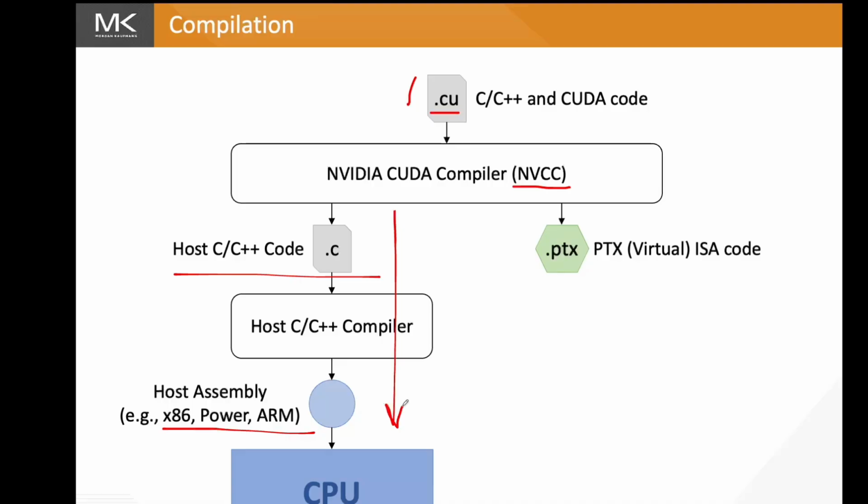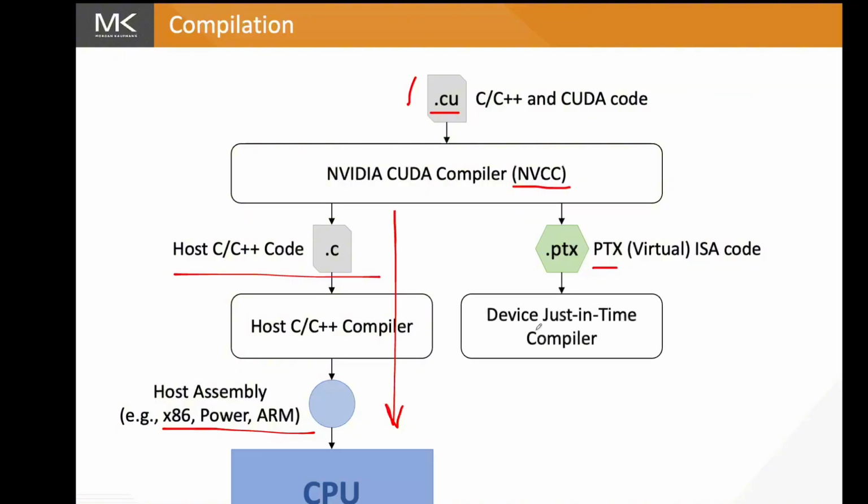But the CUDA code is first compiled to something called PTX, which is a virtual ISA that is used to have device-agnostic execution. Then there is a just-in-time compiler that takes this PTX file and compiles it into device assembly, which in this case can be SASS.